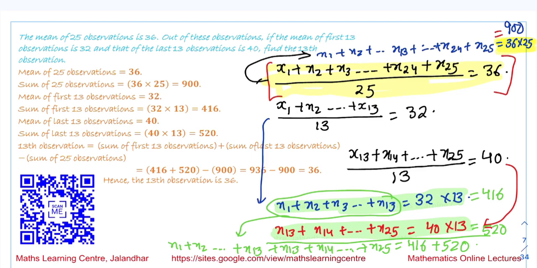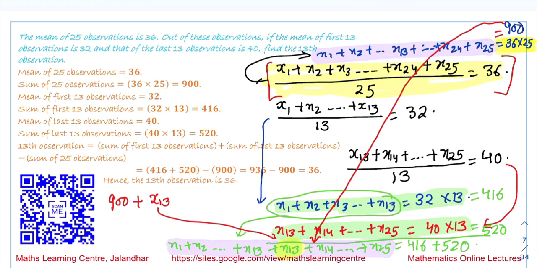So in this equation we are adding x1 plus x2 plus x3 up to x25, but an extra term is there, that is x13. If we put the value 900 from the first equation over here, we get 900 plus x13, the extra term, equal to 936.